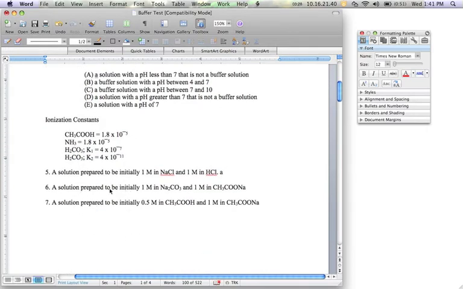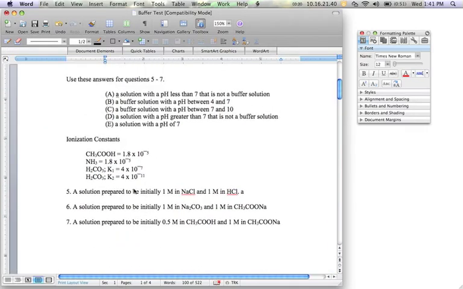A solution prepared to be initially 1 molar Na2CO3 and 1 molar CH3COONa. Let's see, we've got sodium carbonate and sodium acetate. Now this carbonate is a conjugate base. The acetate ion is a conjugate base. They have the sodium in common, but sodium is a neutral ion, so it's not going to contribute to a buffer.